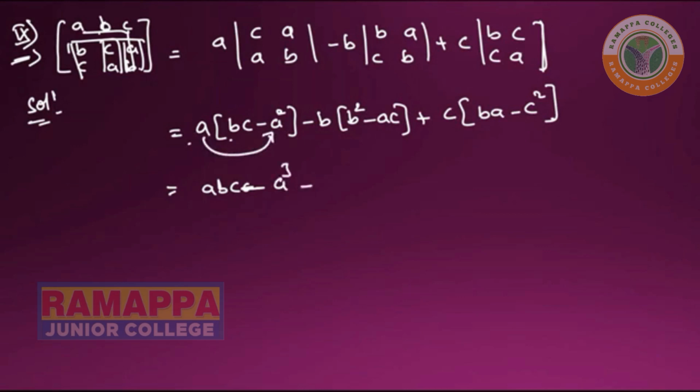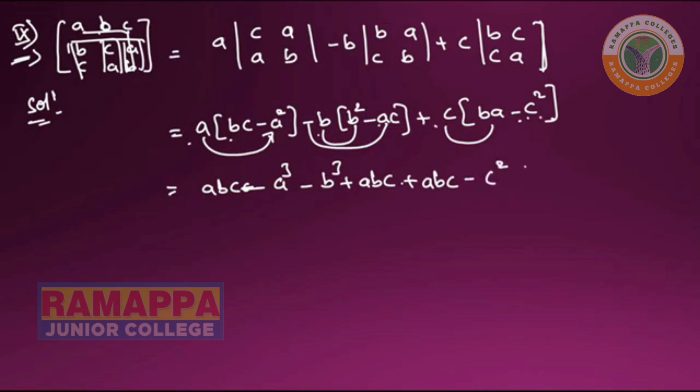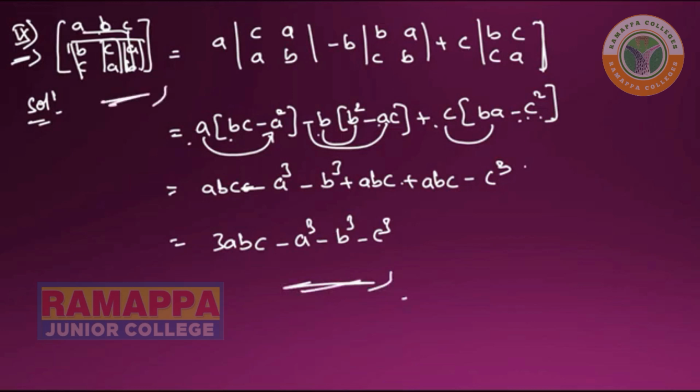Okay, so minus B into B square minus B cube, and minus into minus plus, A, B, C will come here. So this is plus A, B, C will come, and here plus minus C square will come, minus C cube. Okay, 3ABC minus A cube minus B cube minus C cube will come. So this is the answer of the given question, the 9th one.